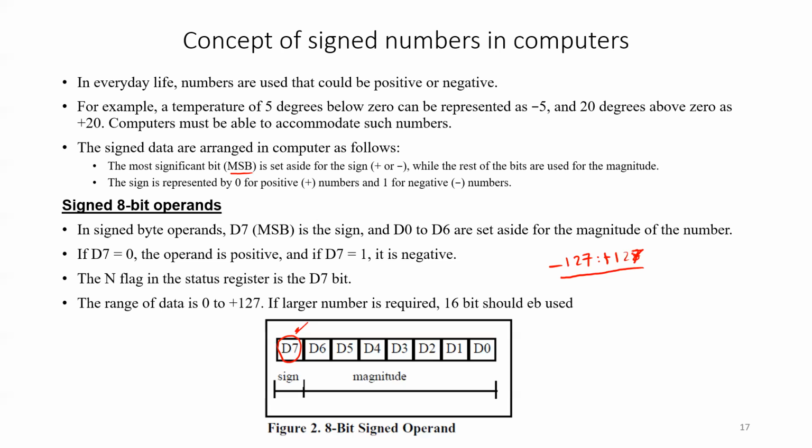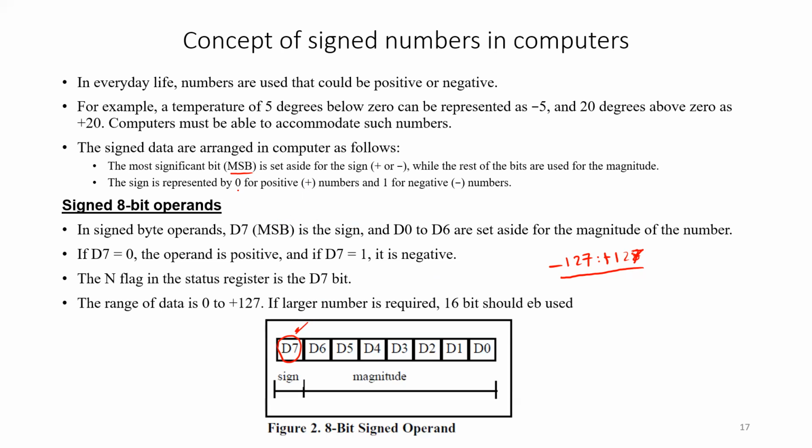Now, again, bit number 8, which is D7, represents the sign. How can we represent the sign? If it is active high, this refers to a negative sign. If it is active low, the number would be positive.